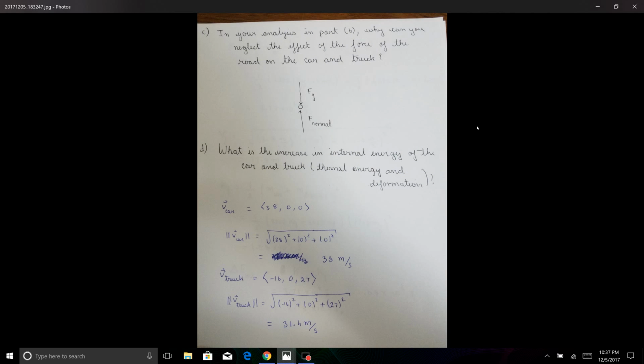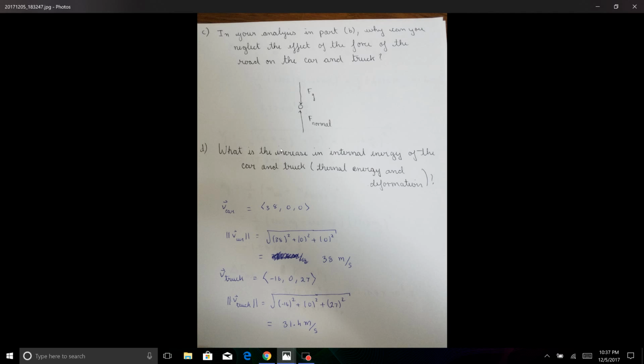So that's part B. And for part C, we are asked, in your analysis in part B, why can you neglect the effect of forces of the road on the car and the truck? We can neglect it because the gravitational force acting on the car-truck system opposes the normal force exerted by the road on the car-truck system.